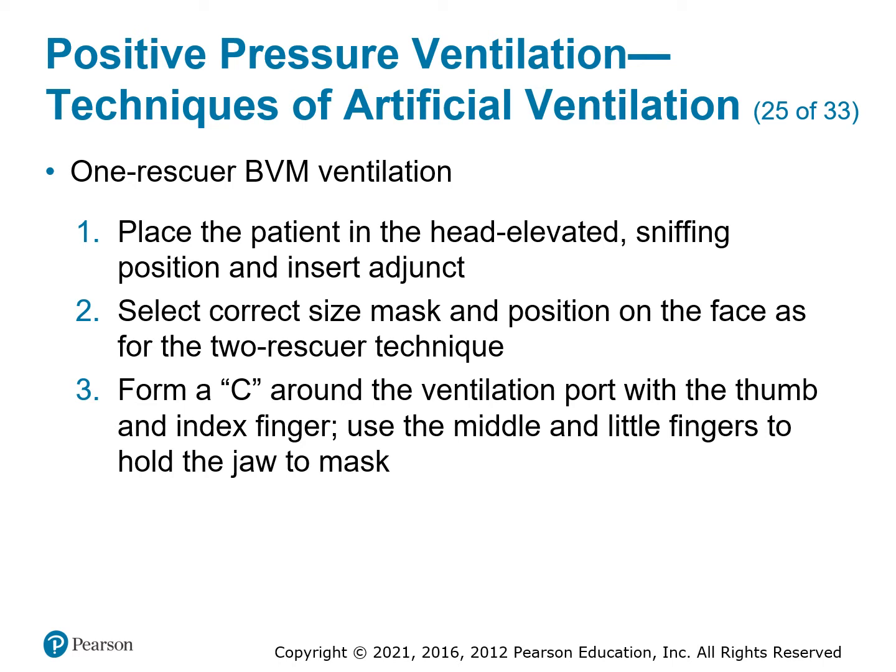So we're going to use one hand to form a C around the ventilation port with the thumb and index finger. The index finger will be on the chin of the mask, the thumb up on the bridge of the nose of the mask, and then we are going to use our other three fingers, middle, ring, and pinky finger, to hold the jaw.